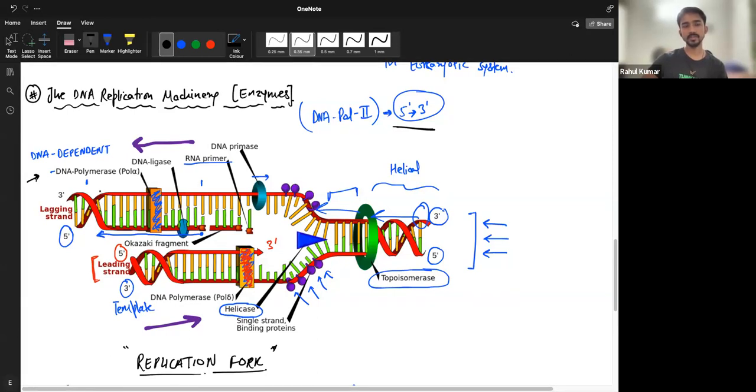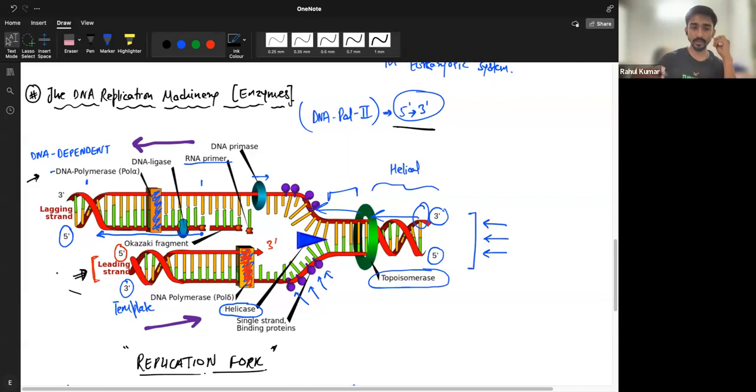And because of which, on one strand, on one chain, the DNA synthesis can be continuous, which is here, and it is called the leading strand. Because there is no issue, the polarity of the parent strand is 3' to 5', and therefore polymerase can work in 5' to 3' direction and keep polymerizing DNA one after the other nucleotide.